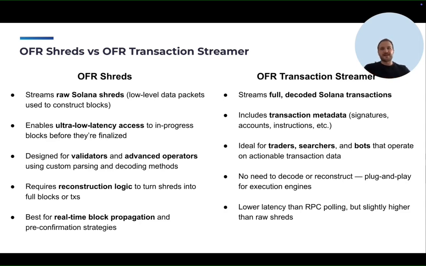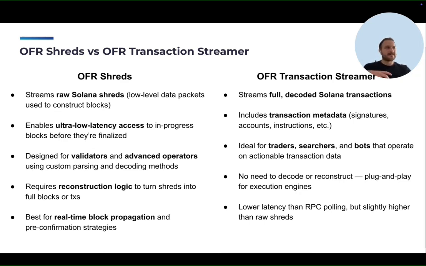Let's say you're a validator and you want to improve the speed at which you get to vote on the canonical chain to improve your voting rewards, or you just have very custom ways of decoding shreds and parsing them on your side. For those kinds of use cases, you would like to receive raw shreds directly.